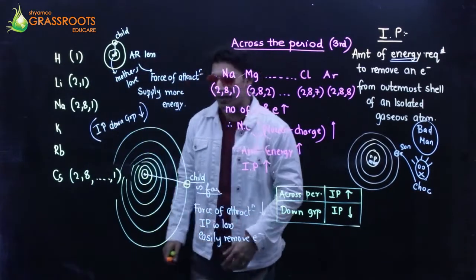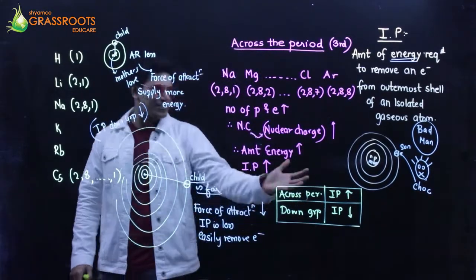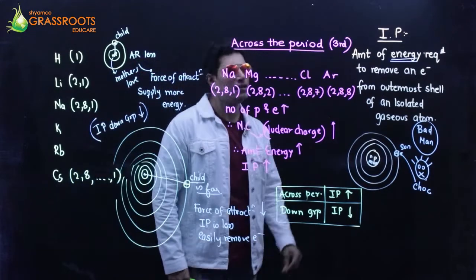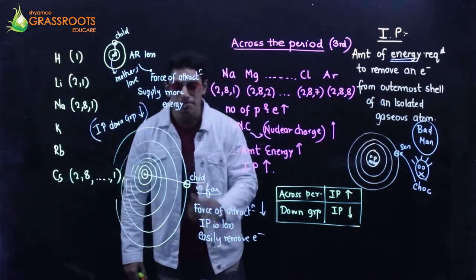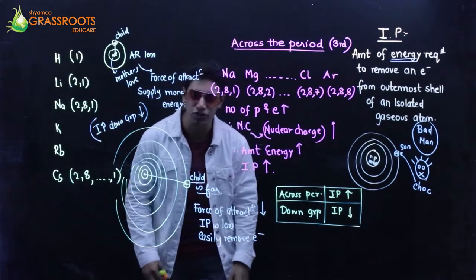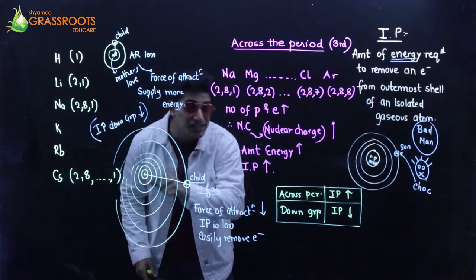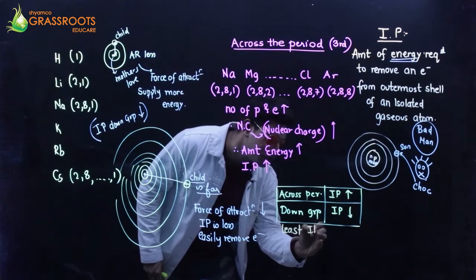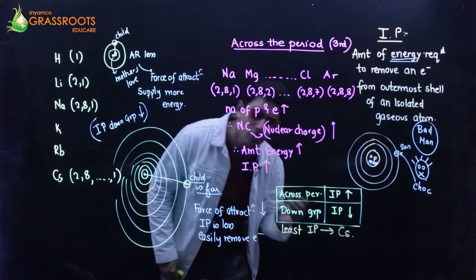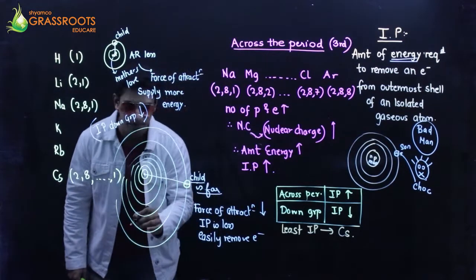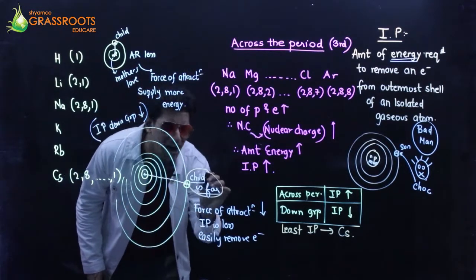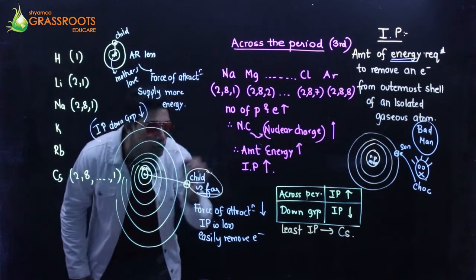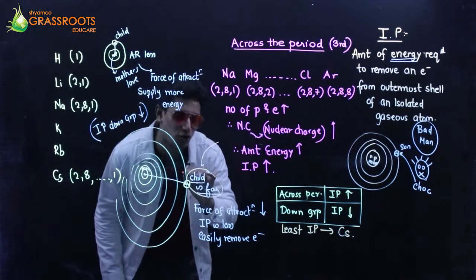Now if you ask me which element has the maximum IP and which has the minimum IP, I will say, guys, the minimum ionization potential element is cesium. So the least ionization potential is with cesium. Reason, check. In cesium, the child is very far from the mother. So you can supply less chocolate.